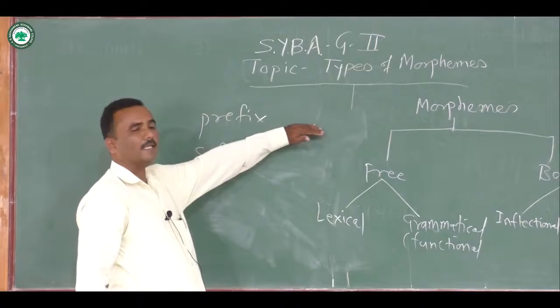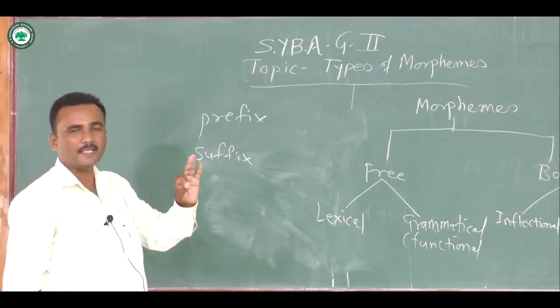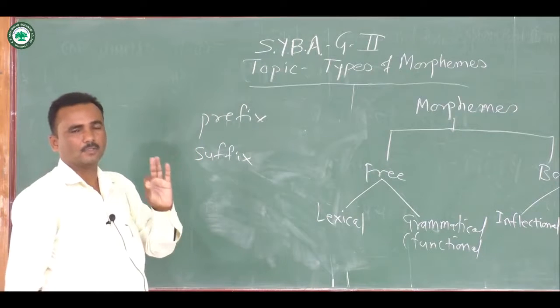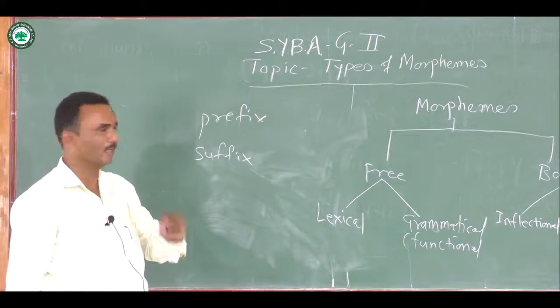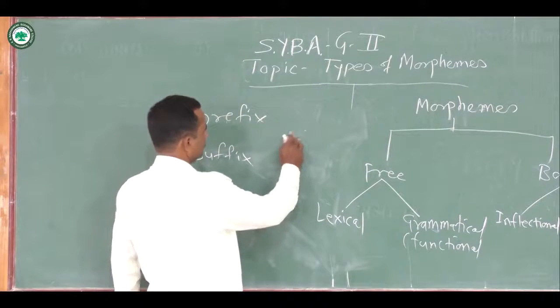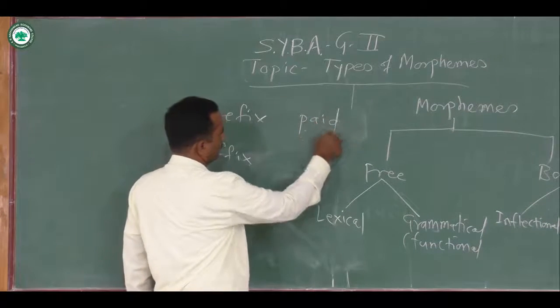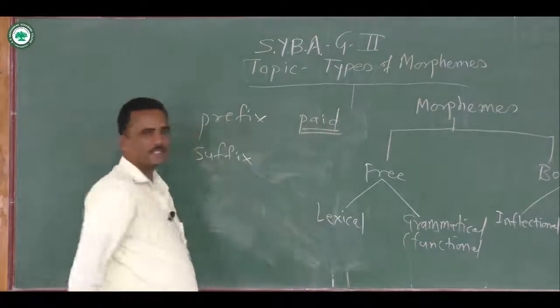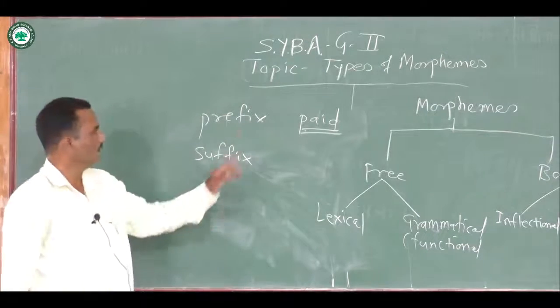When something is added before the root, before the base or before the stem. So root, base and stem stand for the main word. For example, paid is base, paid is root, paid is stem.